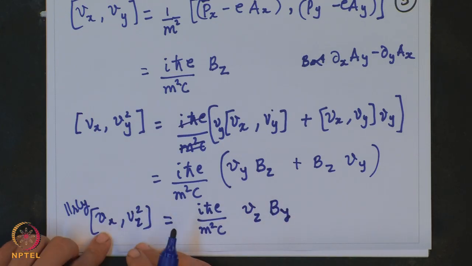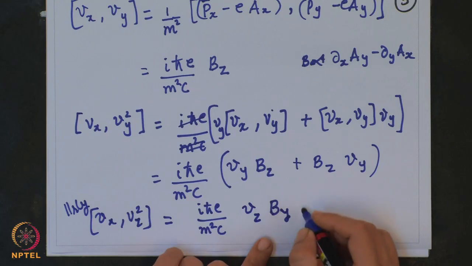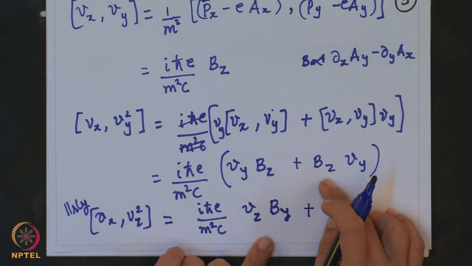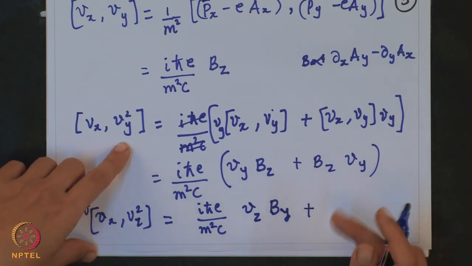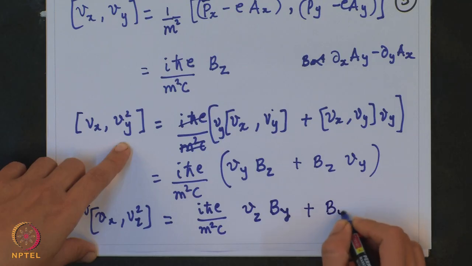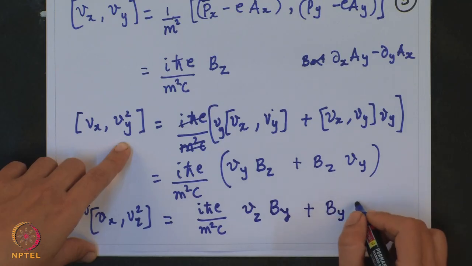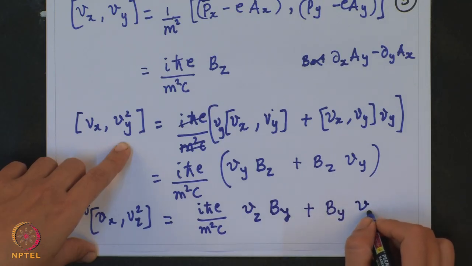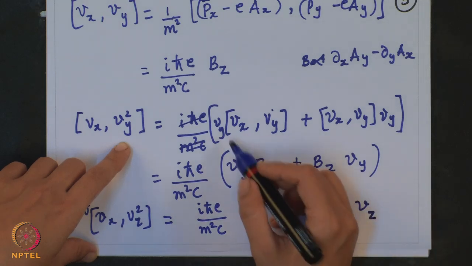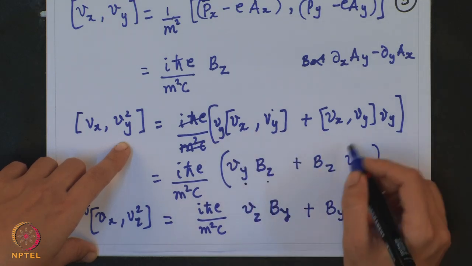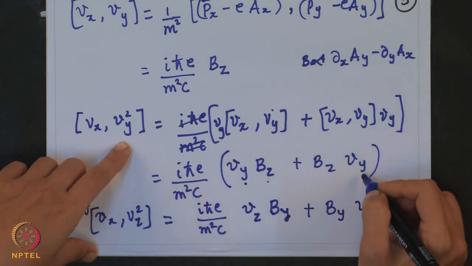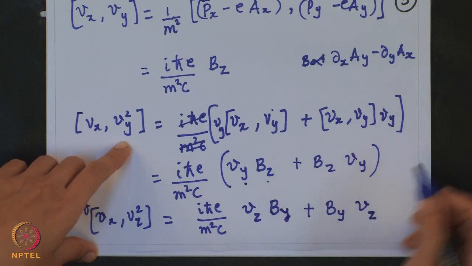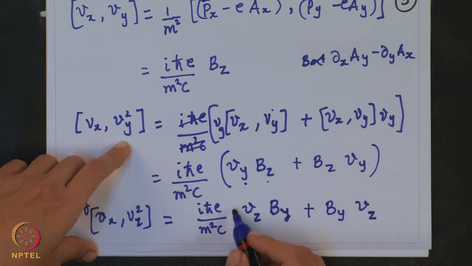So, here I have z, and now here I will have y, By Vz. So, this will give me Vy Bz and this will give me Bz Vy, correct. Similarly, you will have a swapped term.